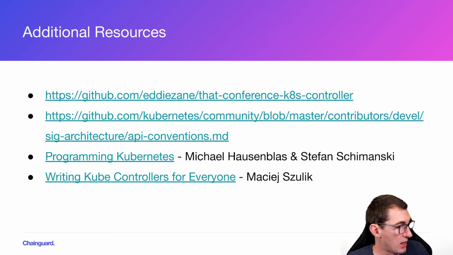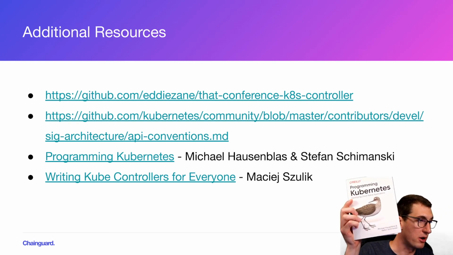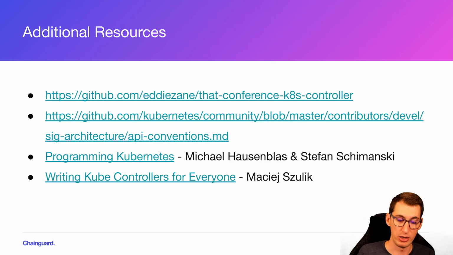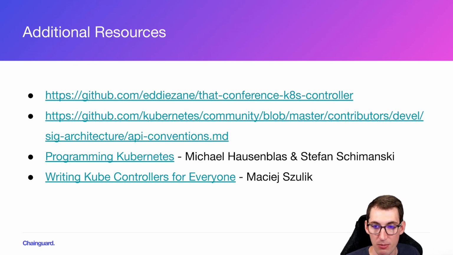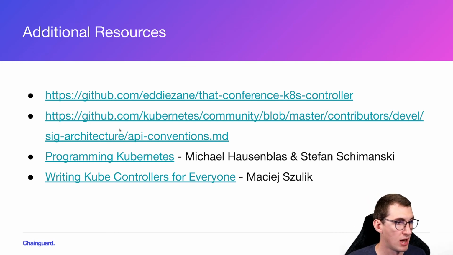Definitely give that one a read. I mentioned this book before, Programming Kubernetes. Highly recommend, really great read. It has basically all of this and more, with a way better explanation than I can do. And then one of my co-chairs, Mache, gave this talk at a KubeCon for writing kube controllers. It's very similar to this, goes through that diagram and other bits, so give that a watch.